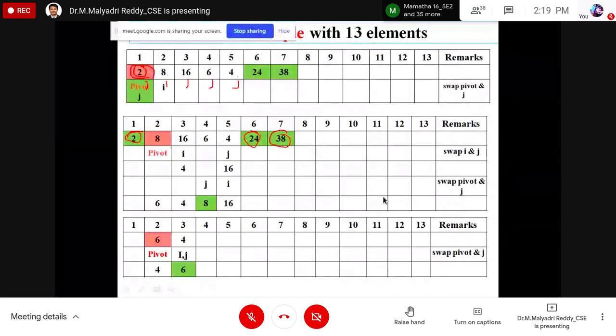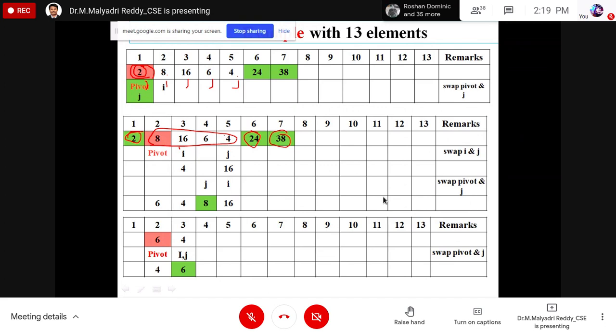Take again the sub array, this one. From this, the pivot element is 8. Remaining elements are 16, 6, 4. Pivot 8, automatically this is the i value, this is the j value. i compared with the pivot element: 16 is greater than 8, so the condition fails. Why? Because the i element needs to represent a smaller value. So stop, go to the j position. j is 4. 4 is less than 8, but according to the rule the jth position should be greater than the pivot element.